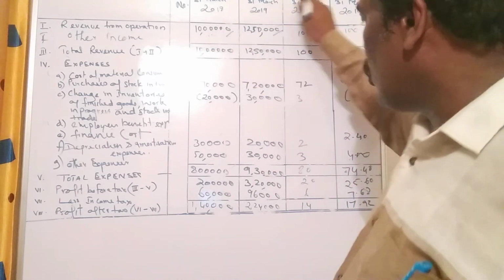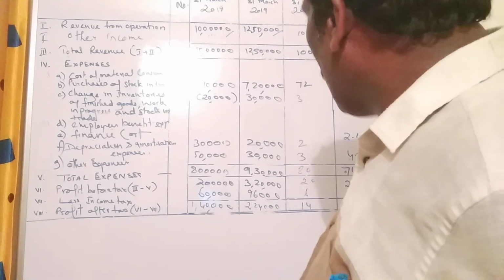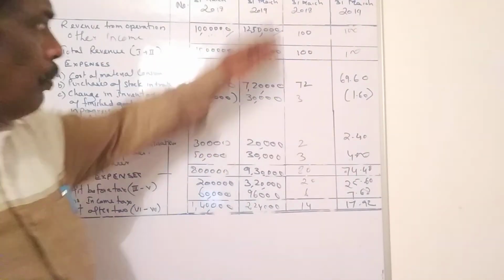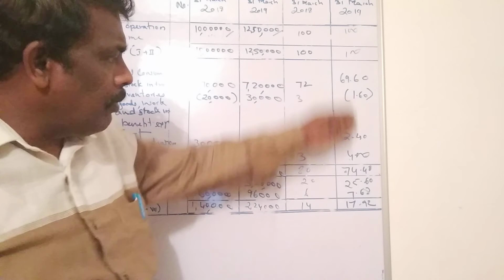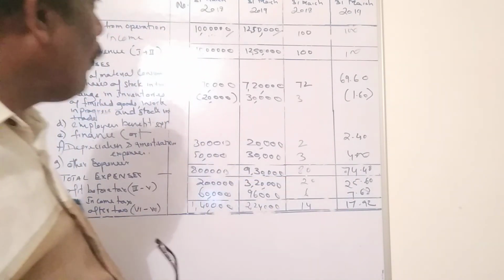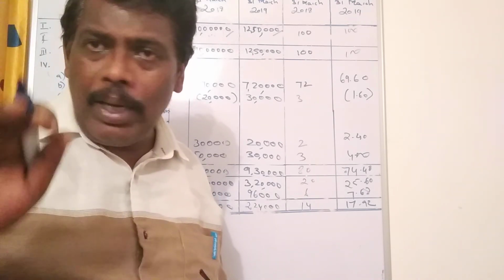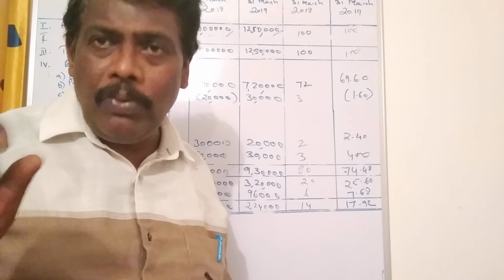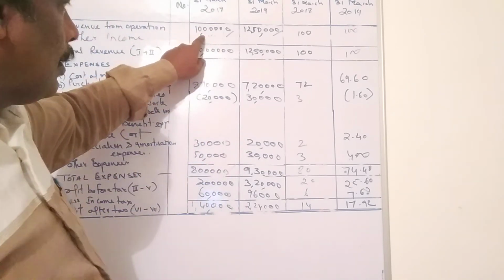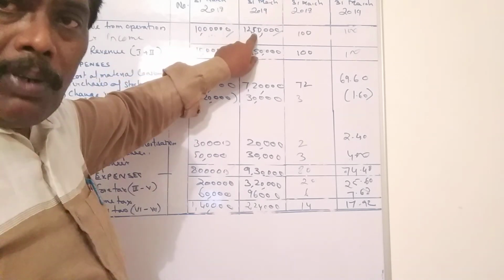Percentage of previous year in this column and percentage of current year in this column. How is the percentage calculated? In the beginning I told you we take one figure as a base, that is revenue from operation. Here the revenue from operation is 10 lakhs. So this will be the base for previous year and this will be the base for current year.